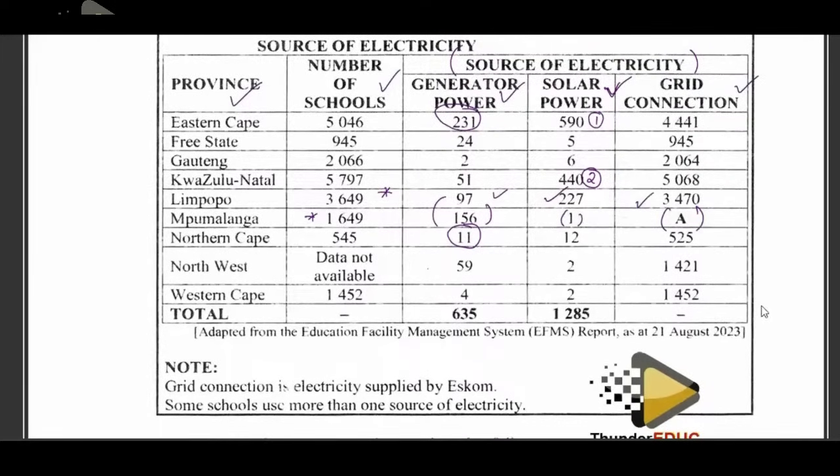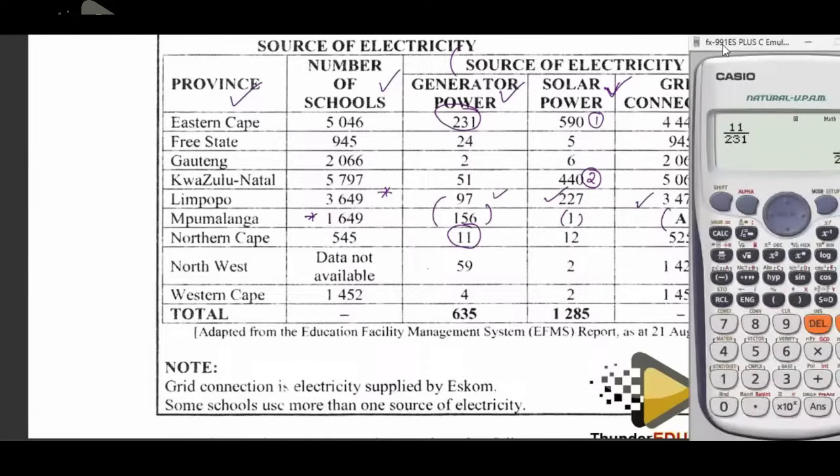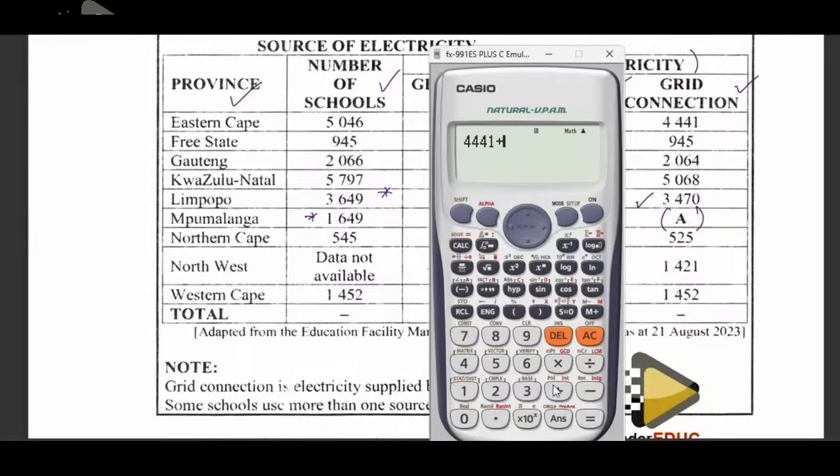So we say 4,000 plus 4,441 plus 945 plus 2,064 plus 5,068 plus 3,470 plus 525 plus 1,421 plus 1,452 equals.